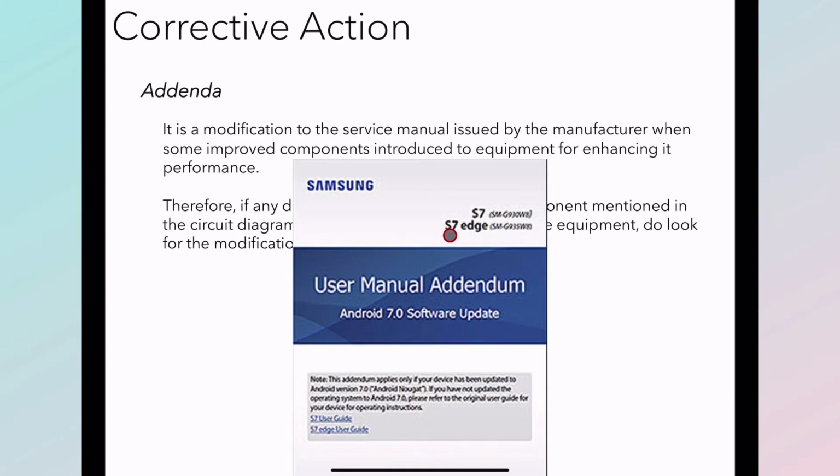So it means that they have made some additions or modifications to their existing user manual. So if we see some discrepancies in the listings of the user manual and our actual components in the equipment, we must look for the section labeled addenda or addendum.